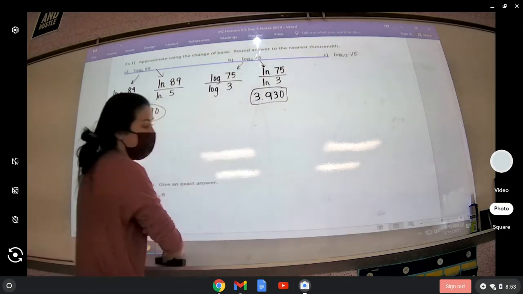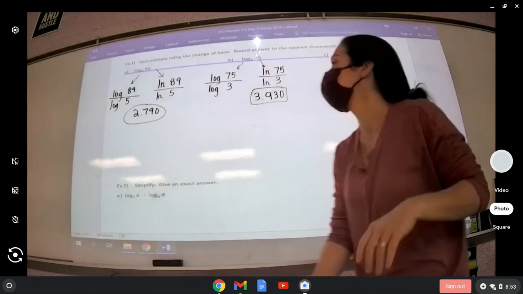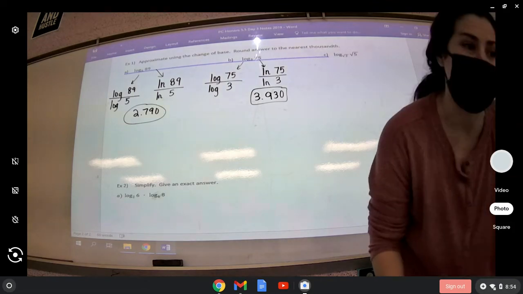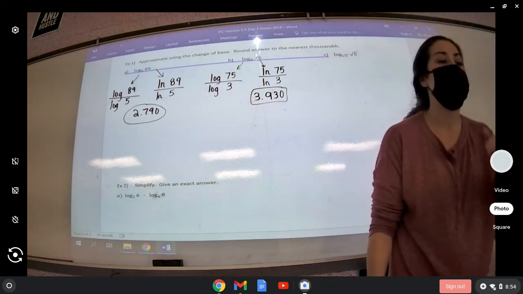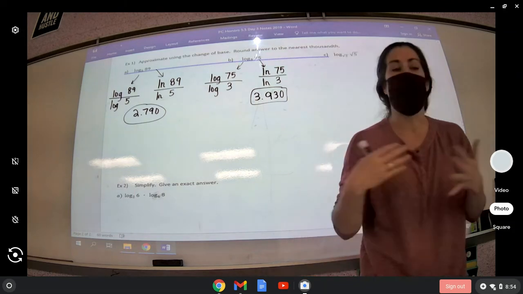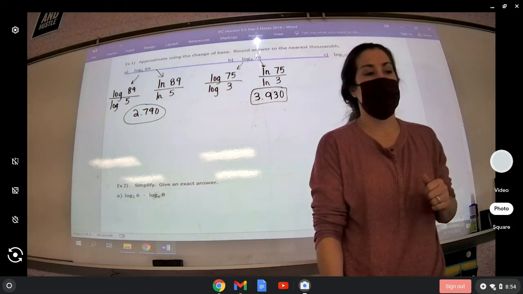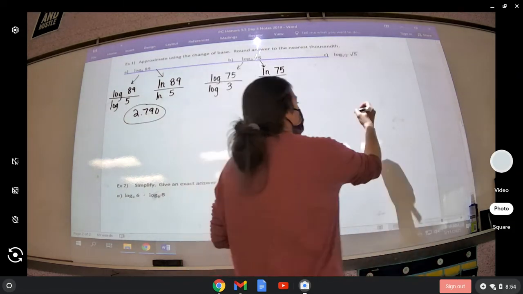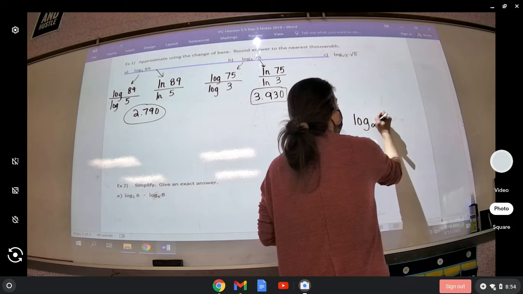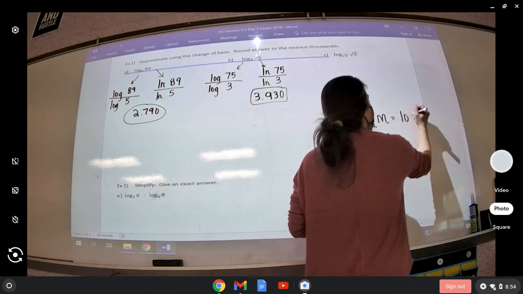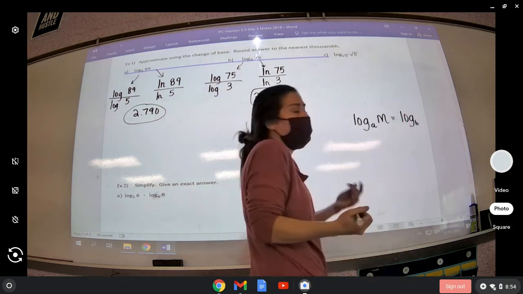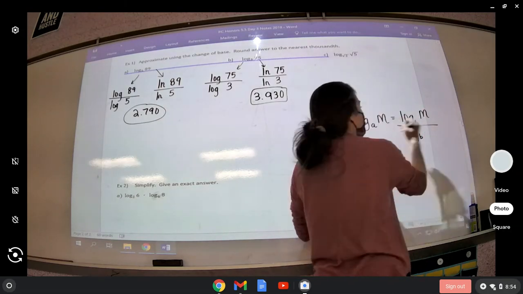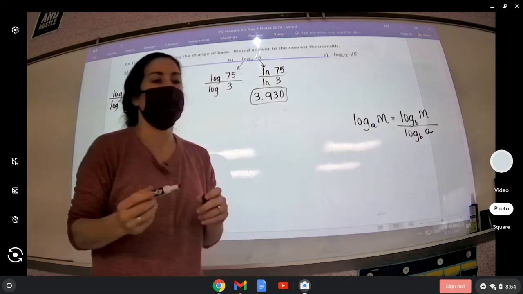Go ahead, Michael. What was it, like log A of M? A is your bad base, the base you don't want, the original base, and B is your better base, being base 10 or base E. Change of base is log base A of M equals log base B of M, your better base 10 or base E, divided by log base B of A, your old base.